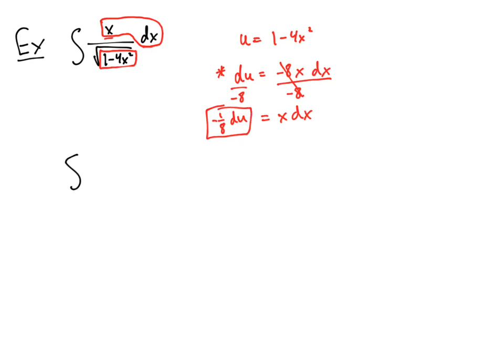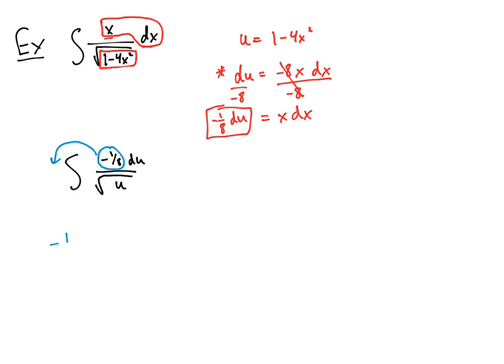So what we have here is the integral of a fraction. I could write this as negative 1/8 du in the numerator if we wanted, and then in the denominator we have the square root of u. So I'm going to pull the negative 1/8 out of the integral.